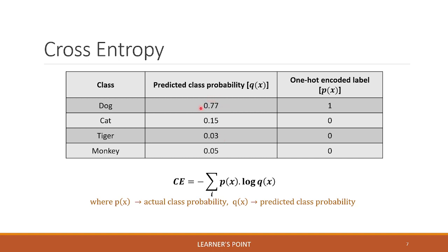Now this predicted class probabilities is considered to be Qx and the one hot encoded label is Px. Since we now have Px and Qx, we can simply compute the cross entropy loss for this one. And this is how cross entropy loss function is used in classification problems.